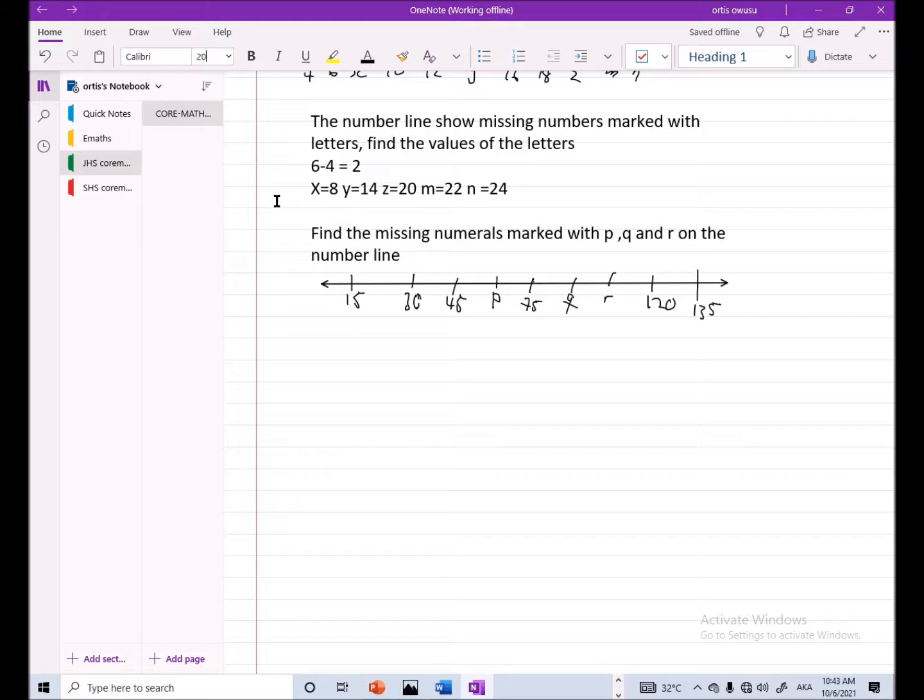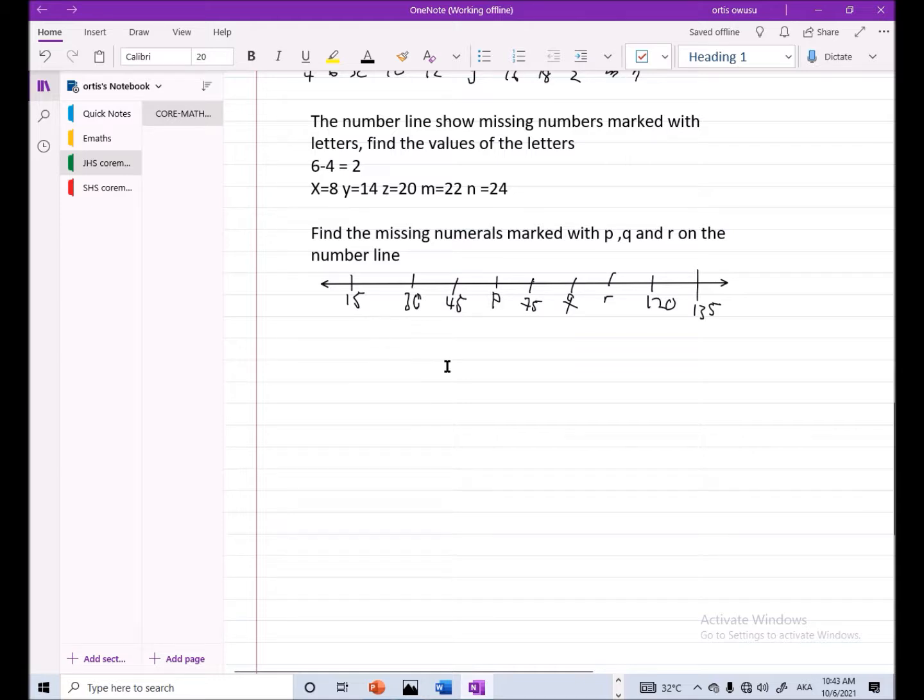So how do we find the range? We take any of them. We can take this, subtract from the lowest. We can take this, subtract from this. Then we get the range.